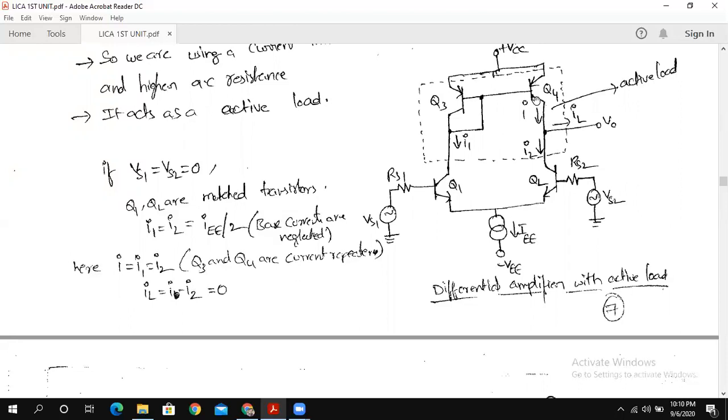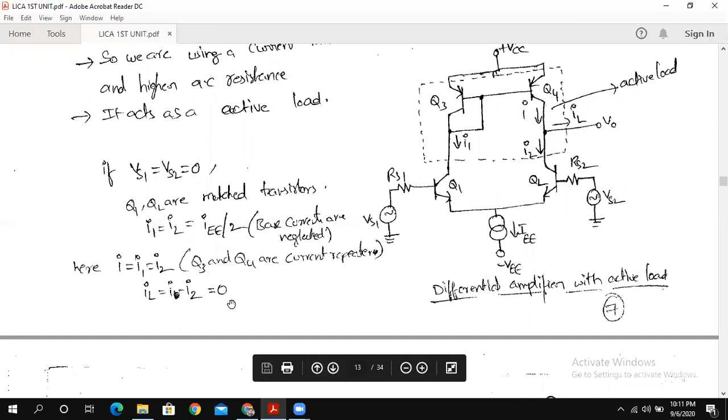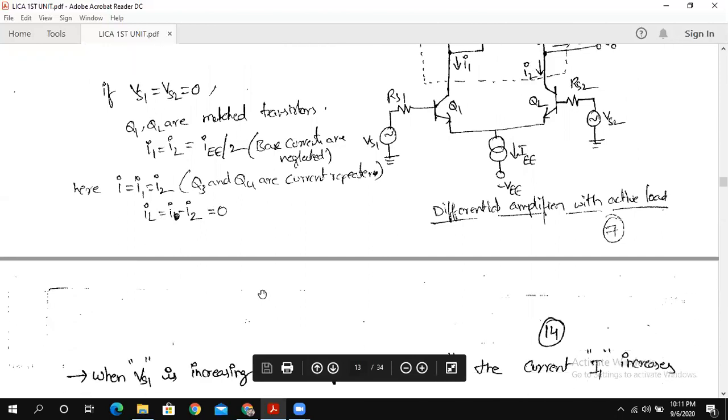The current coming from the Q4 transistor collector is I, and this is going to be divided into two parts, that is IL and I2. IL is going to flow towards the load and I2 is going to flow towards the Q2 transistor. So from this diagram the current IL is equal to I minus I2, which is equal to 0. The net current is equal to 0.